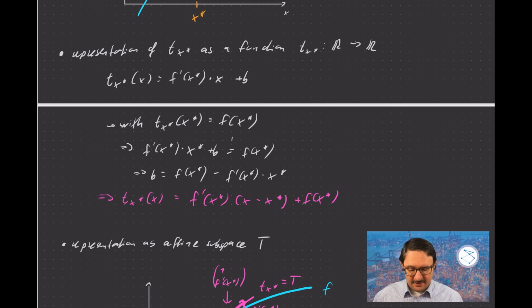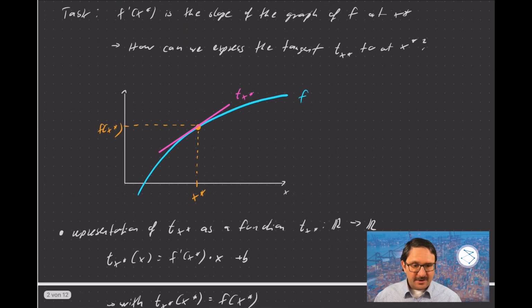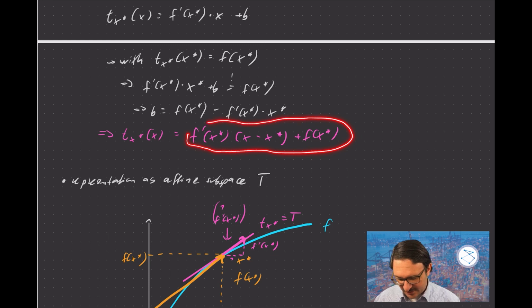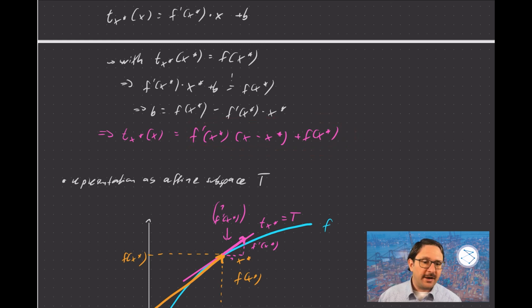Now, having a tangent to the graph is kind of the first step in approximating a graph. And of course you can ask, can we do better by maybe not using a tangent, but maybe other functions? And of course, one possible choice here would be to substitute that tangent, or to extend that tangent, by terms of higher order.